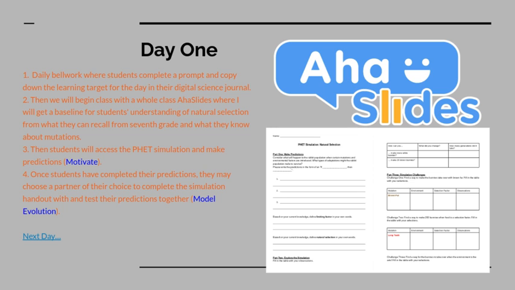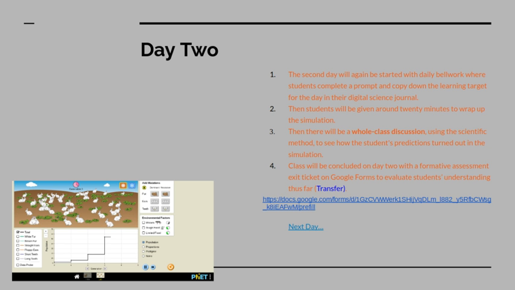The first part of the PhET simulation is going to be filling out this handout that has predictions before they can go through and do the specific mutations and environmental factors that are addressed. So day one, the goal is to get through just about the predictions and maybe starting into the simulation.